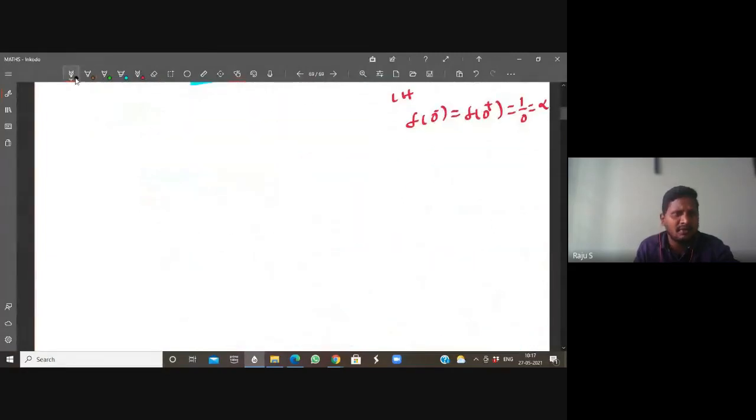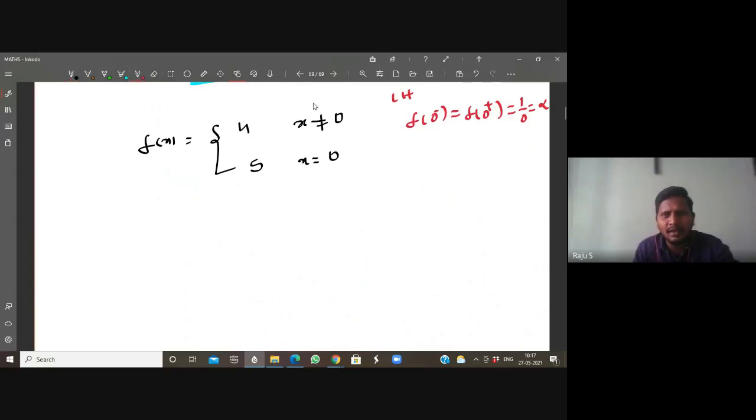We can give many examples ourselves. Can anyone give one? x not equal to 0. I'm giving simply 4, and at x equal to 0, I'm giving 5. What is meant by this? Clearly, x not equal to 0 means x may be lesser than 0 or greater than 0.